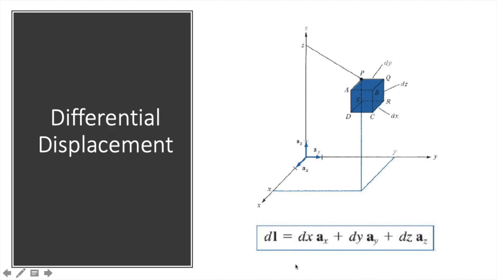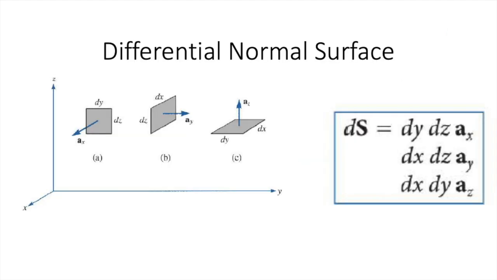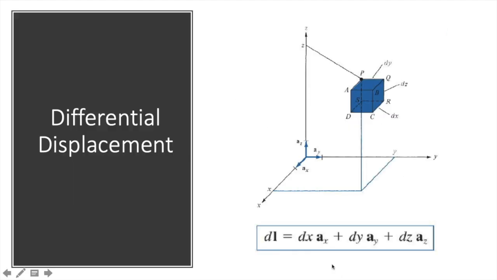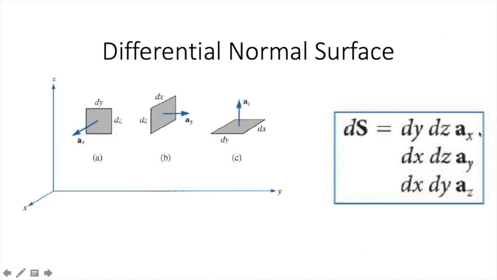If we have an idea of how dl looks, then we can easily write the equation of ds. Here this coefficient and this coefficient get multiplied when we are talking of ax. I hope you are able to understand. This ds is equal to dy dz ax, dx dz ay, dx dy az. So the three surfaces are there. The same thing we will apply in the case of the cylindrical and spherical coordinates.